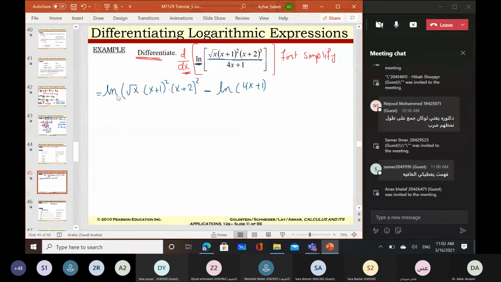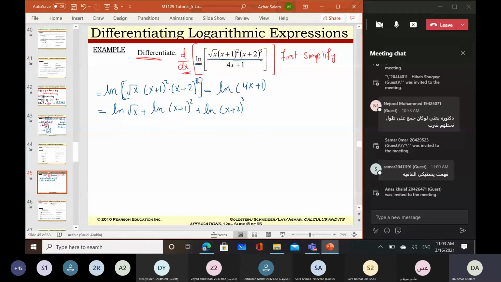Then now I will take the property of ln of the product. اوكي. عندي هنا 3 كميات مضروبين في بعض. I have here 3 products. I will take the ln. So it will be equal to ln plus ln plus ln: ln square root of x plus ln (x plus 1) squared plus ln (x plus 2) to the power 3.